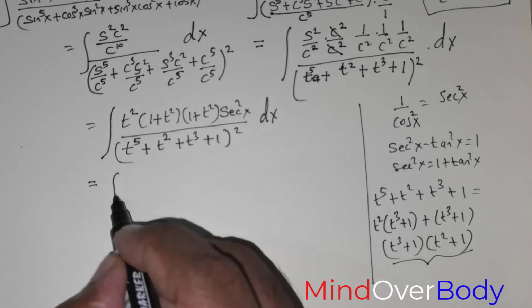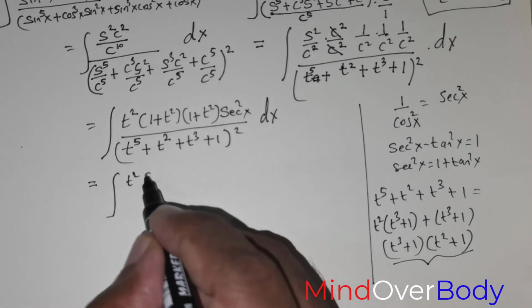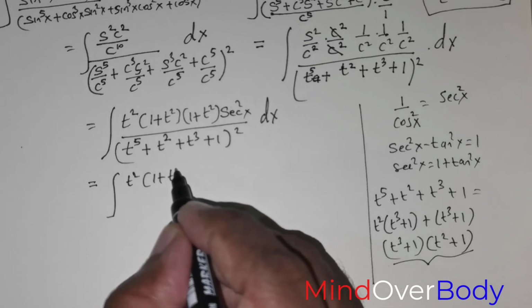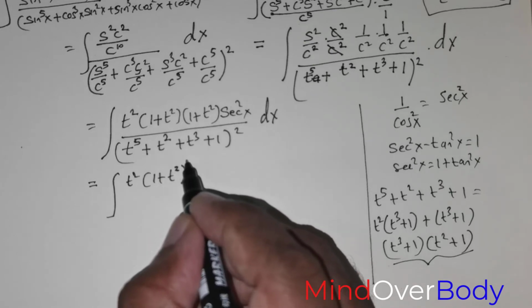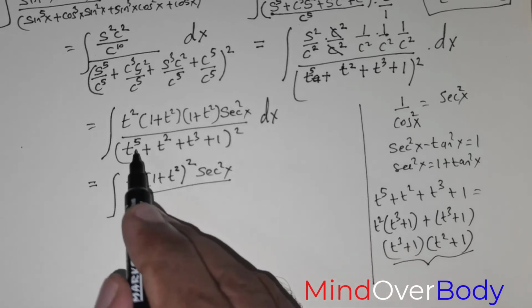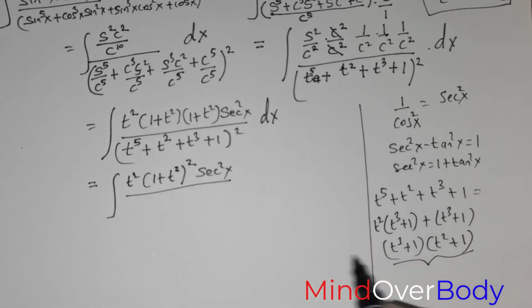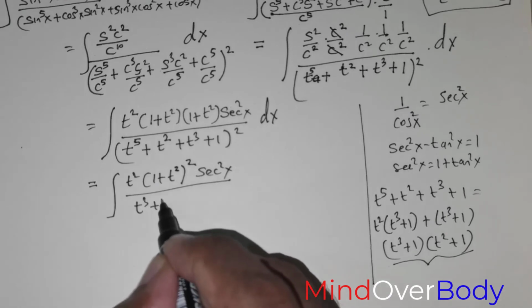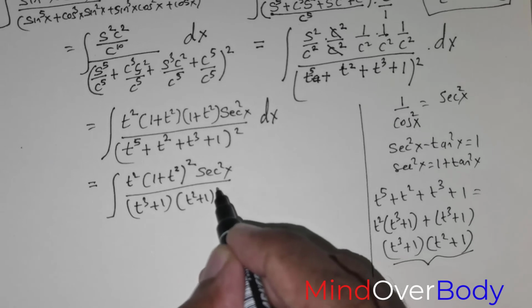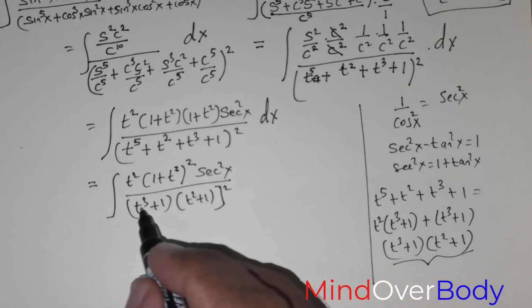So this is equal to the integral of t squared times 1 plus t squared times 1 plus t squared. That's going to be 1 plus t squared raised to the power of 2 times secant squared x divided by t cubed plus 1 times t squared plus 1, this entire thing raised to the power of 2.